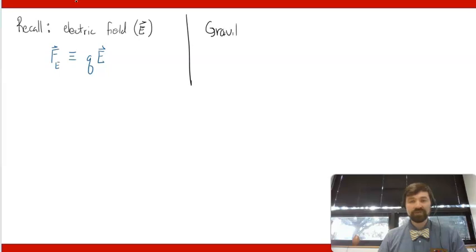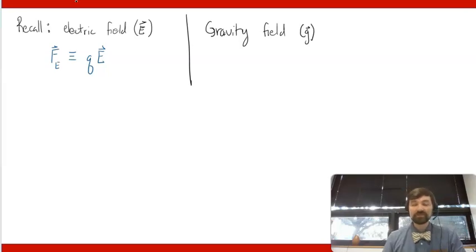which largely kind of slipped under the radar for most of you. But the gravity field is little g. And so little g gave us the force per unit mass. So you could say something like the gravitational force is equal to the mass of the particle times the g field strength, where g near the surface of the Earth has a value of 9.8.